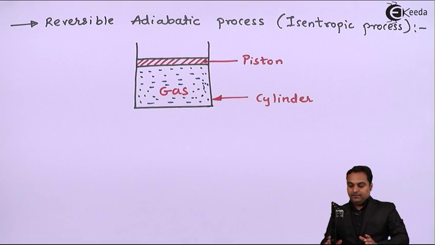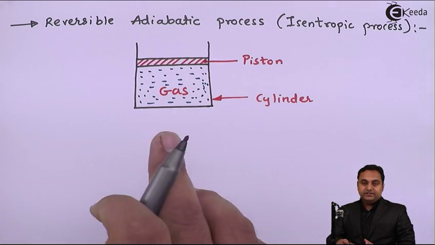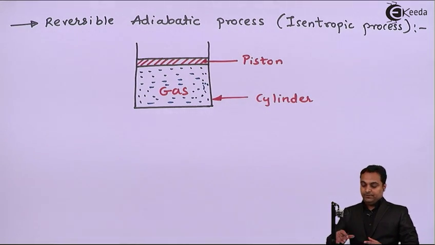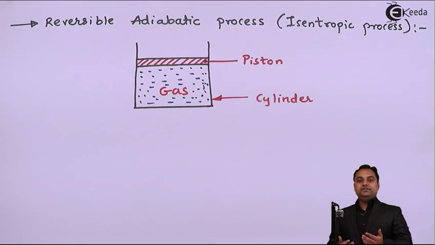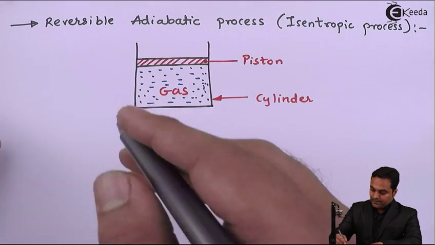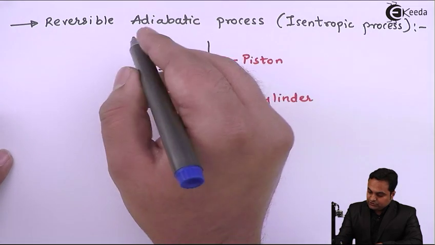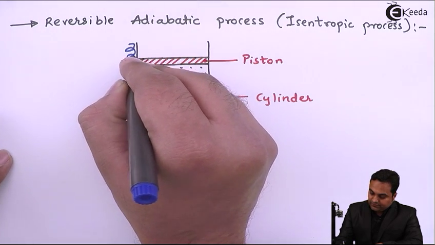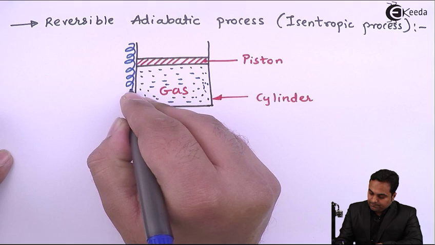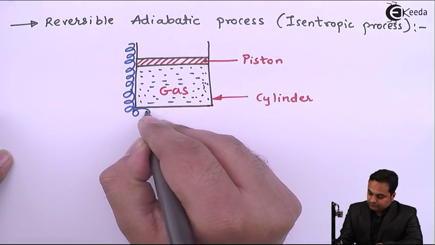Now, here I am taking a cylinder inside which there is a piston and gases are contained below the piston. If it is an adiabatic process, it means this cylinder is completely insulated.